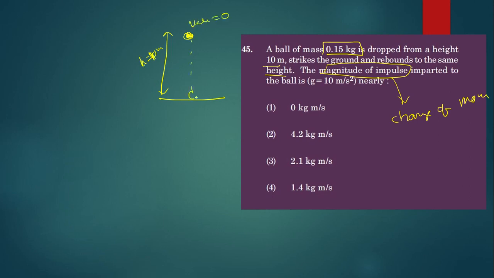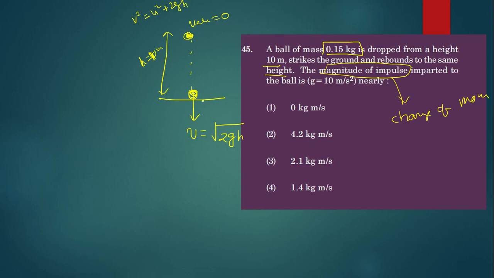When it strikes the ground, it will strike with a certain velocity, and we know from the motion chapter, and can easily calculate, that it is square root of 2gh. How? We can apply the equation of motion: final velocity squared equals initial velocity squared plus 2g multiplied by distance, which is equal to h.